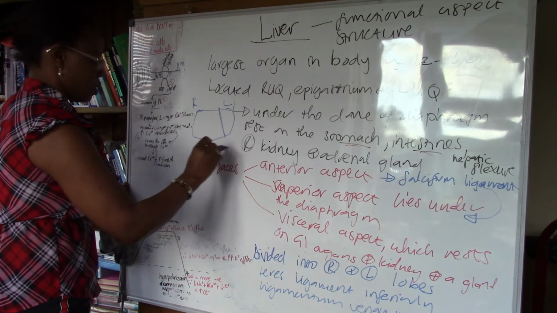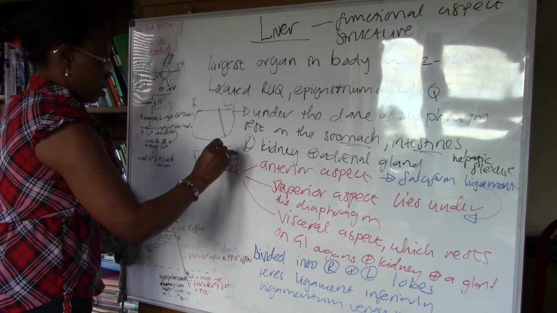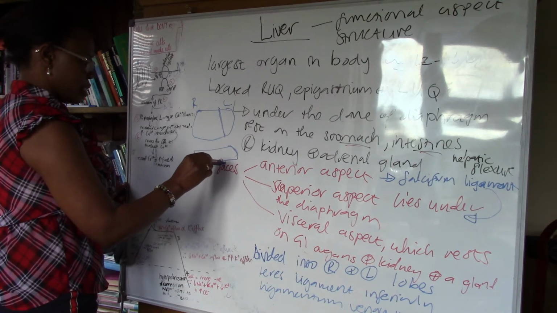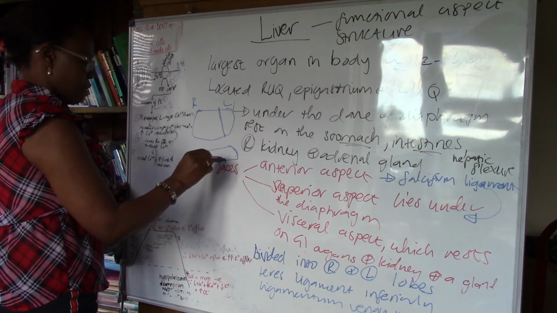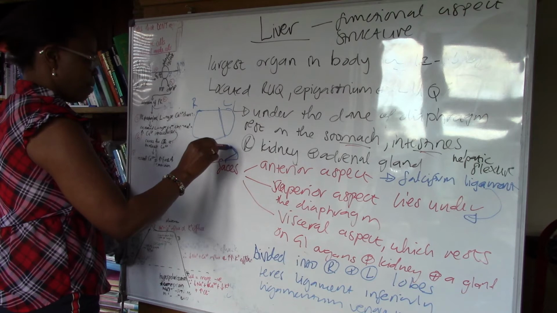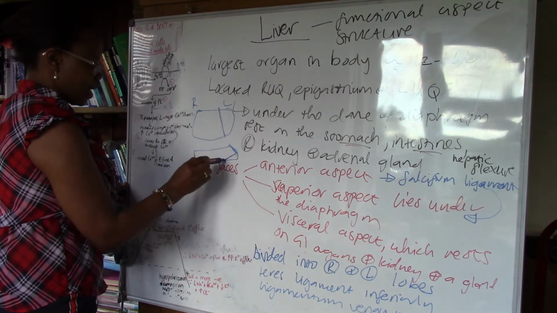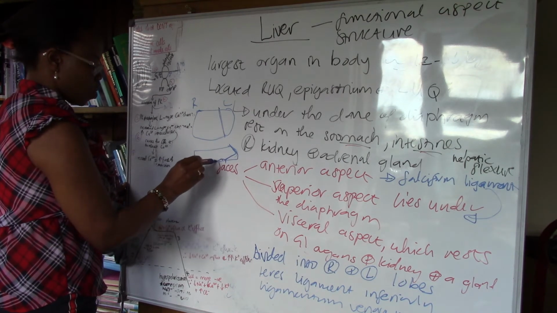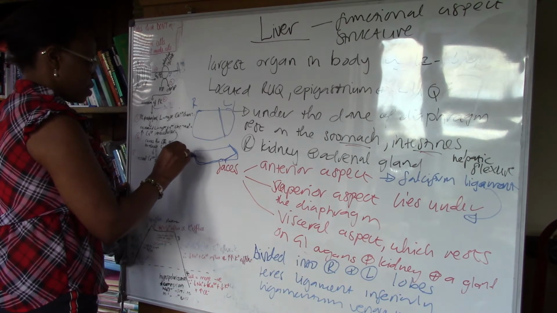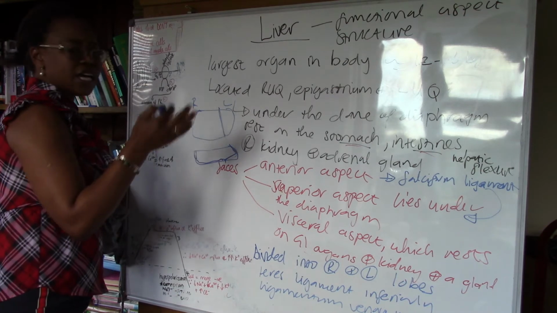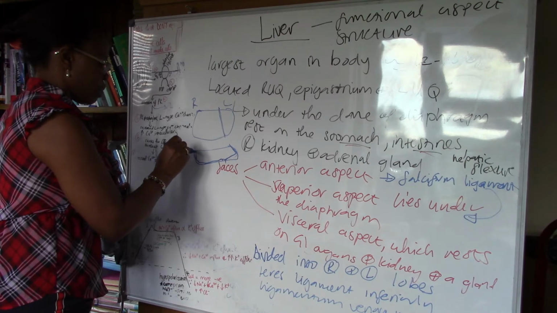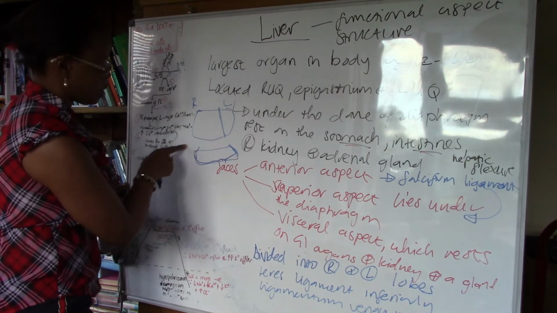So if this was the superior aspect, like that, the falciform ligament will extend there and form the triangular ligament on the left side, and then it will form the coronary ligament on the right side, and as it extends a bit inferiorly, that coronary ligament becomes the right triangular ligament.